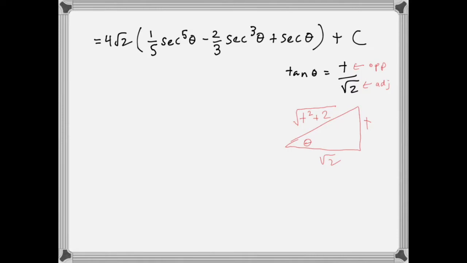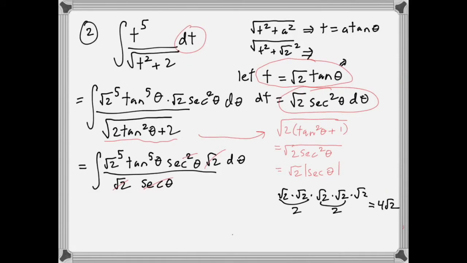Which, by the way, let's go ahead and highlight that. That should match this, and it does. It matches the original thing that we had in the square root, so this is a good sign.